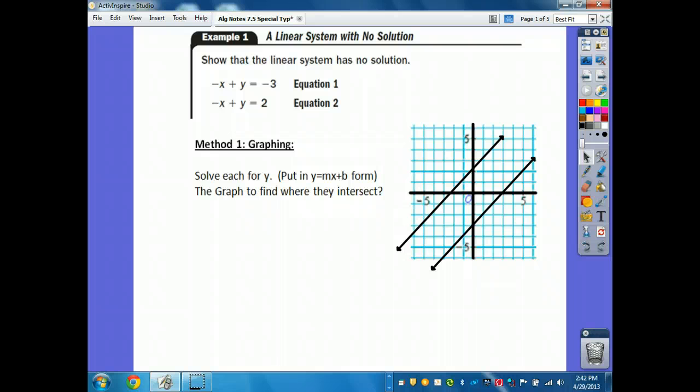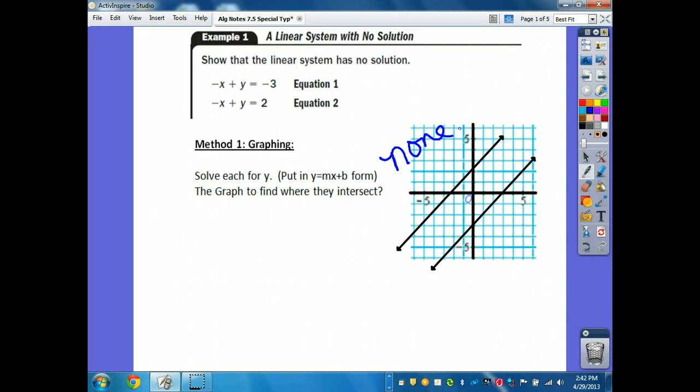How many solutions do parallel lines have? This system would have how many solutions? Do they cross? Never. So there's not one because they don't cross. They never cross. They never touch. So how many solutions? Zero, or none, or no solutions if they're parallel.